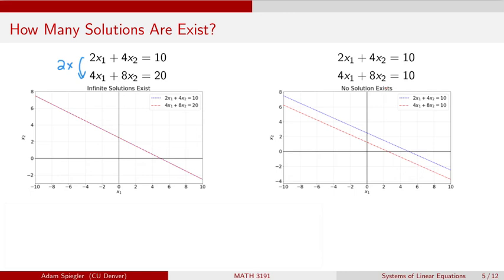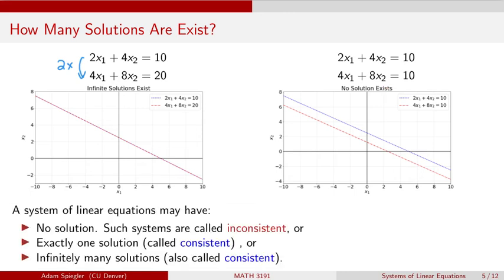To summarize the behavior that we've seen for these systems of two equations with two variables, it's possible that we have no solution, such as this system over here, where the picture would be two parallel lines. When a system has no solution, we call it an inconsistent system. If a system of linear equations does have a solution, we call it consistent. And there are different things that can happen.